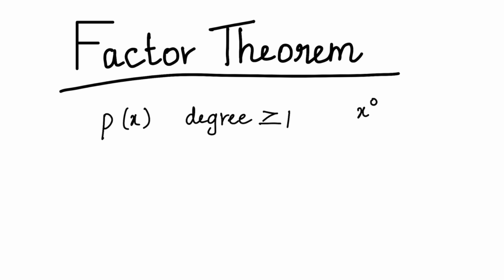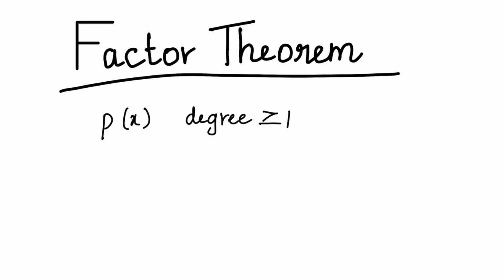If you say a polynomial with x power 0, its value just equals 1. So it should be a valid polynomial, and also not negative powers, like x power minus 1 by 2, not those sort of things. So degree greater than or equal to 1 for this kind of polynomial.